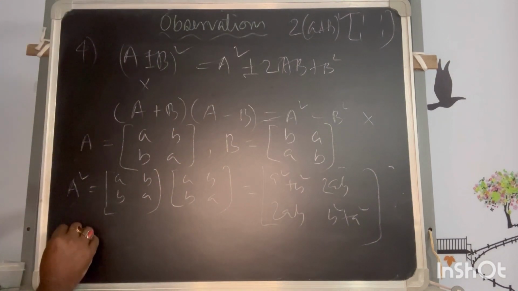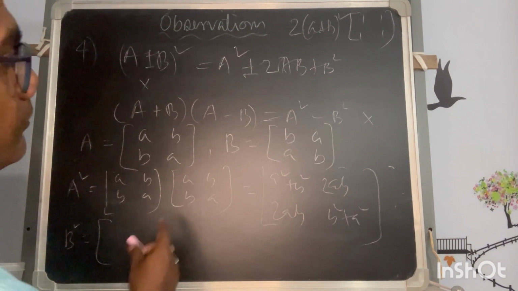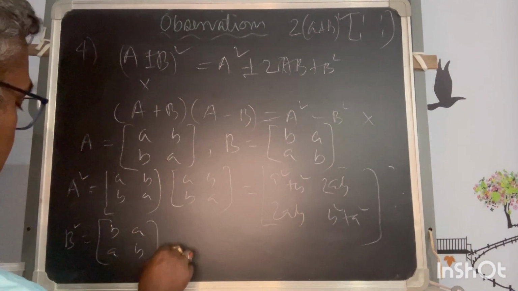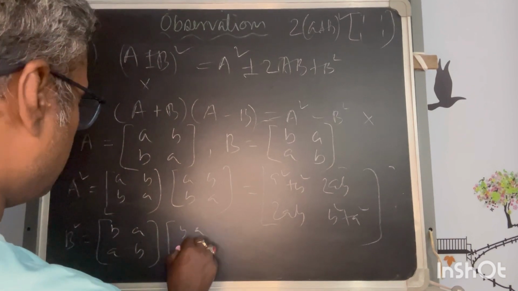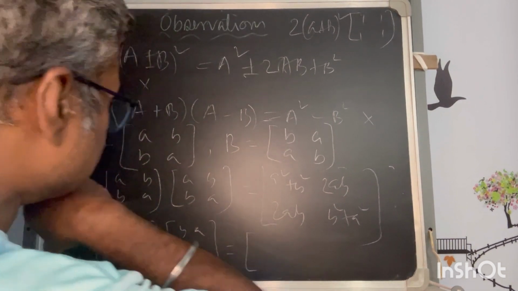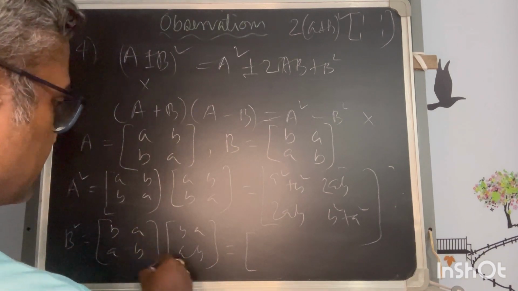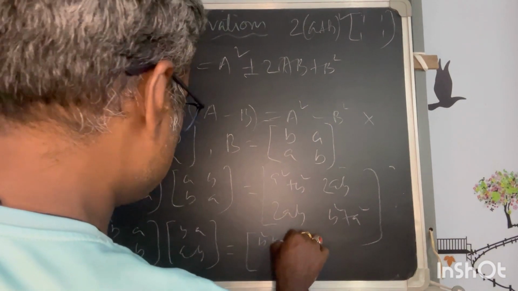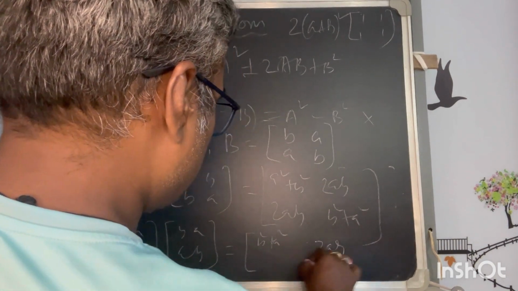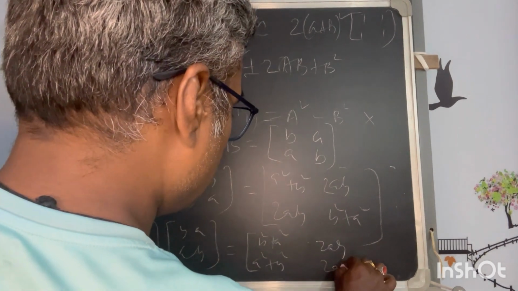And B square, if I calculate B square, that means BA AB multiplied with BA AB, that will give you B square plus A square, B square plus A square, 2AB will come here, then A square plus B square, I will get 2AB.